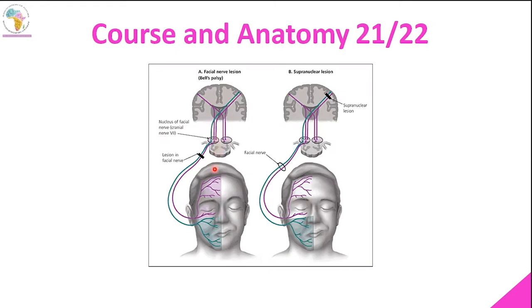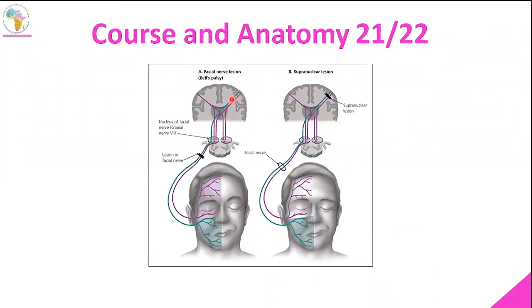If we look closely here, when we focus on these nuclei, we have these nuclei receiving corticobulbar tracts from the ipsilateral side as well as the contralateral side.